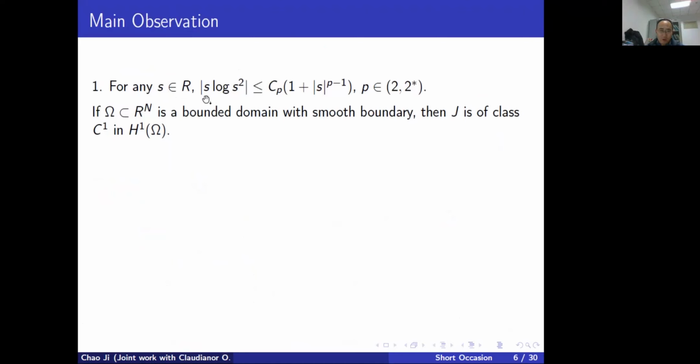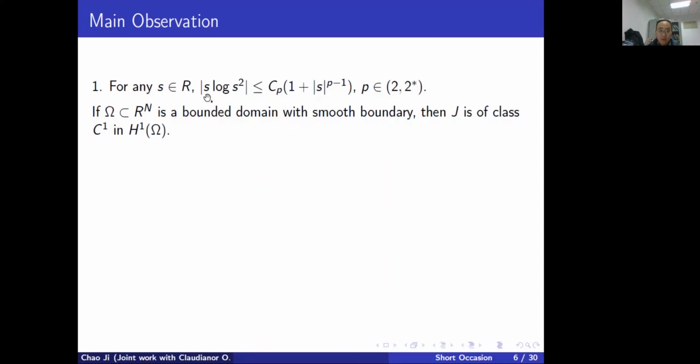As I said before, if the absolute value of s is small, this function can be controlled by c times the absolute value of s to the power alpha, where alpha is between 0 and 1, because here it is s, not s squared. Of course, because s is small and near 0, the absolute value of s to the power alpha is less than or equal to 1. So we can get this.